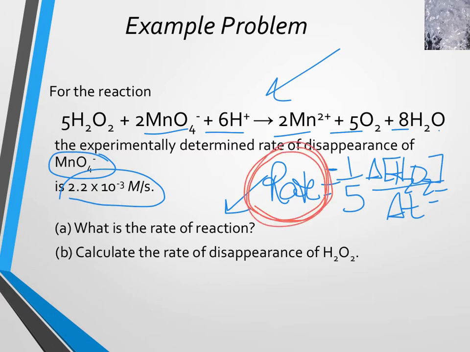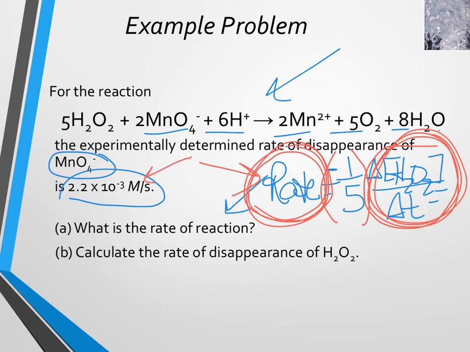So this tells you that the raw rate of the reaction is equal to 1 over the coefficient times the change in concentration of a particular substance over time. So using the information they gave you about the change in concentration of permanganate over time, see if you can solve for the rate of the reaction.